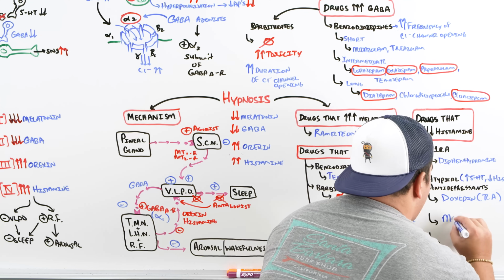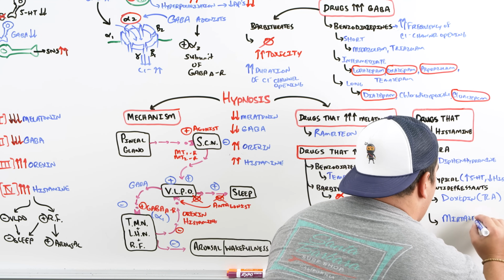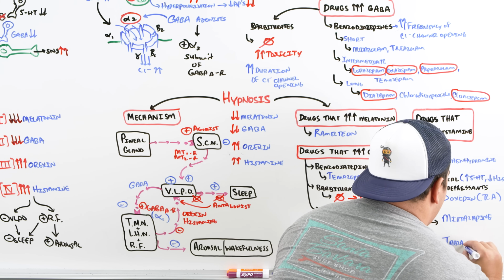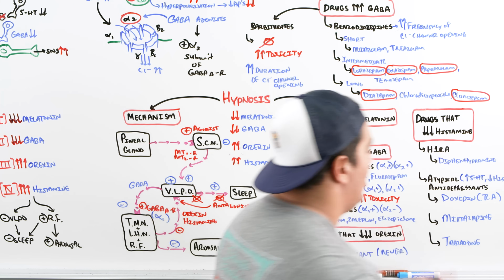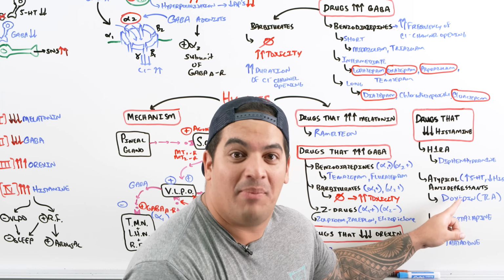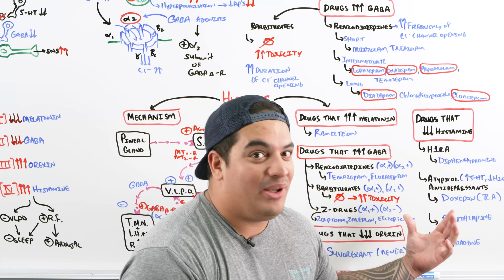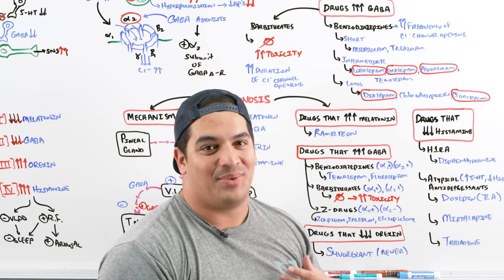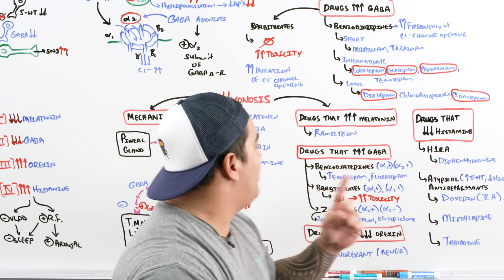Another one is called mirtazapine, and another one is called trazodone, and these are atypical antidepressants. But these are drugs that also have the ability to block the histamine from binding to the VLPO. And if the VLPO doesn't have histamine bind to it, it's then active, it can promote sleep and suppress the reticular formation. And that's the basic concept.